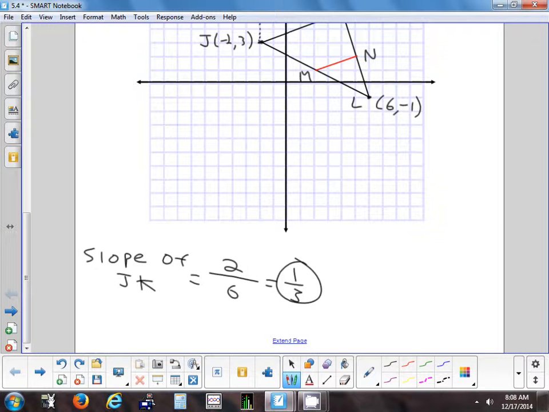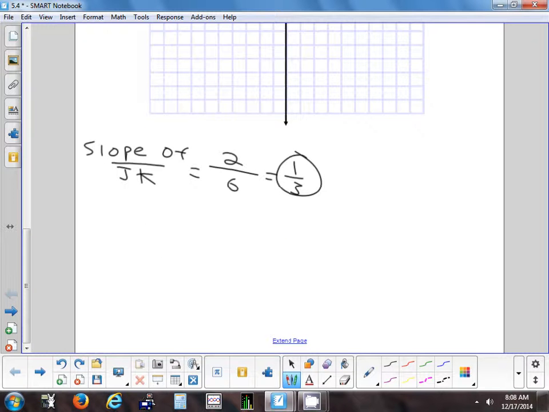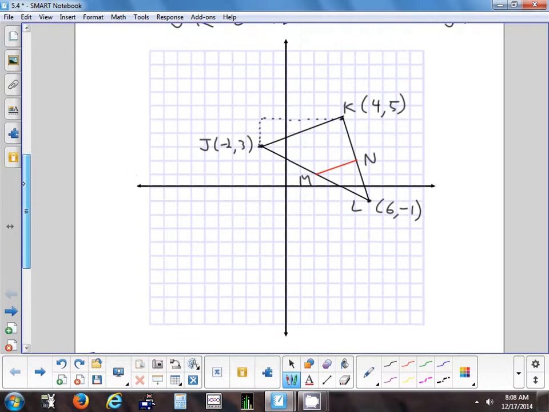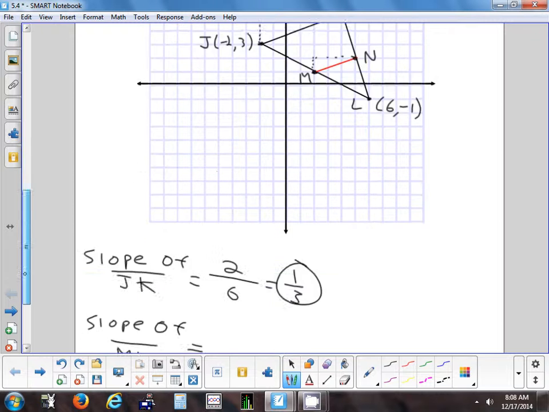So if MN is going to be parallel, its slope also has to be 1/3. Okay, let's check. Okay, the slope of MN. There's where we start, stop. There's my rise. There's my run. What's the slope of MN? It's also 1/3. Up 1, right 3.